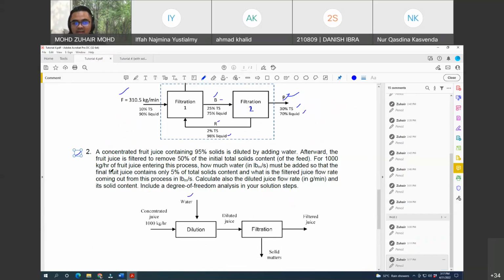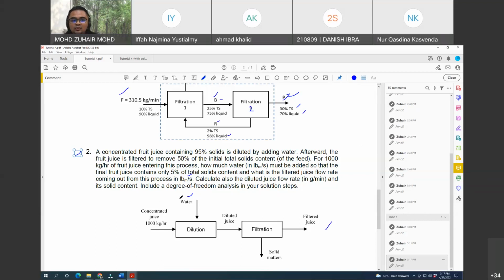For 100 kg of fruit juice entering this process, how much water in pounds per second must be added so that the final fruit juice coming out of the process contains only 5%? Okay, the final 5% filtered juice. And what is the filtered juice flow rate coming out from the process in pounds?